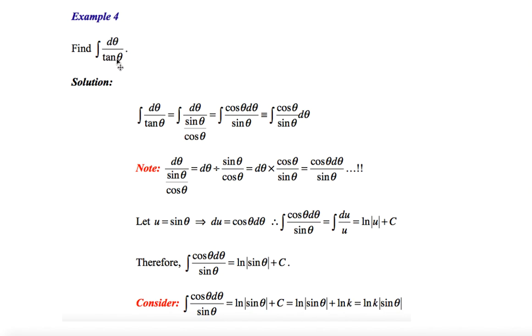What about something that looks like this form here, namely the integral of tan theta d theta? Well, tan theta is better known as sine over cosine. One way to attack this problem is to look at it from that particular perspective, which is of course equivalent to what you see here in terms of the algebraic equivalency.